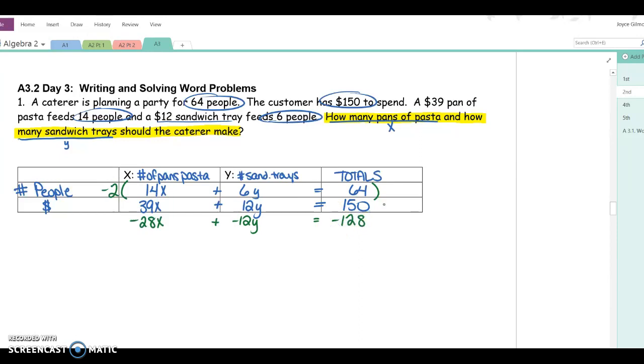So the result of doing this multiplication is right there. Then we can add this equation and this equation together to eliminate and solve.